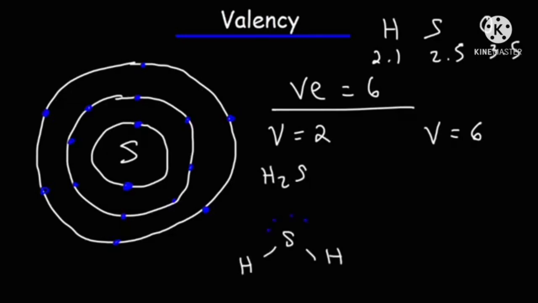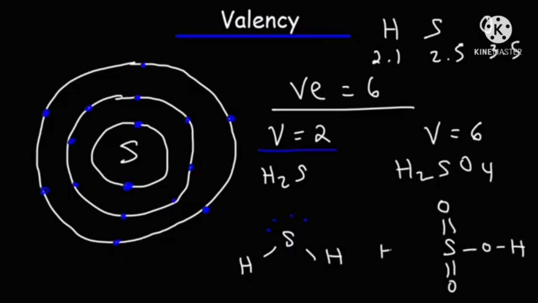Some elements, based on situations or conditions, will gain or will lose. See, in the case of H2S, sulfur is gaining 2 electrons from hydrogen, so that is why its valency became 2. Take the example of H2SO4. Here sulfur is giving the 6 electrons: 4 electrons are given to oxygen and 2 electrons are given to hydrogen by the sulfur.